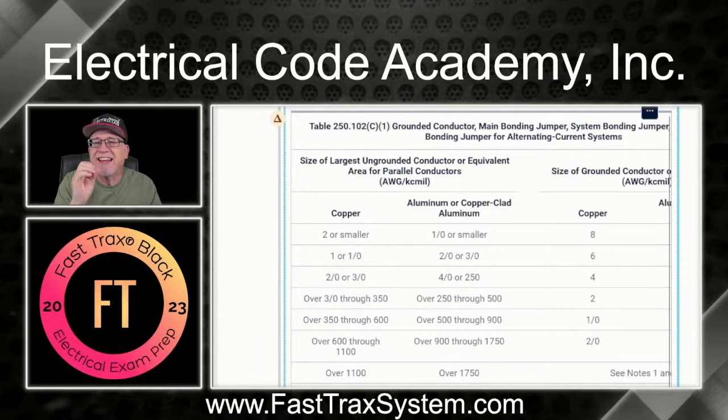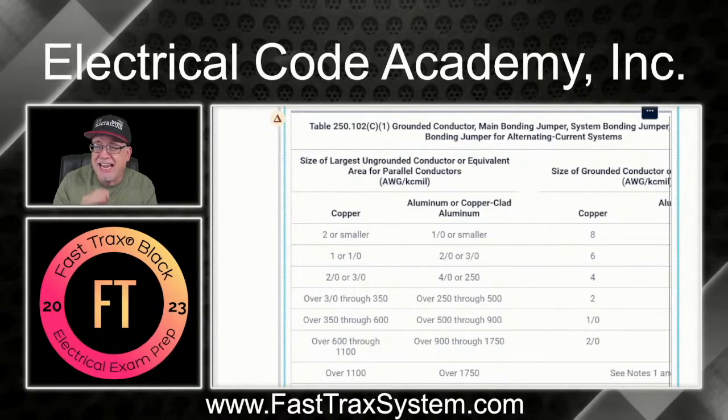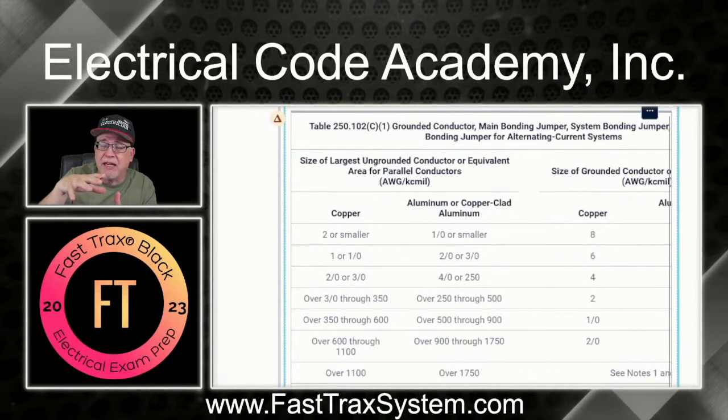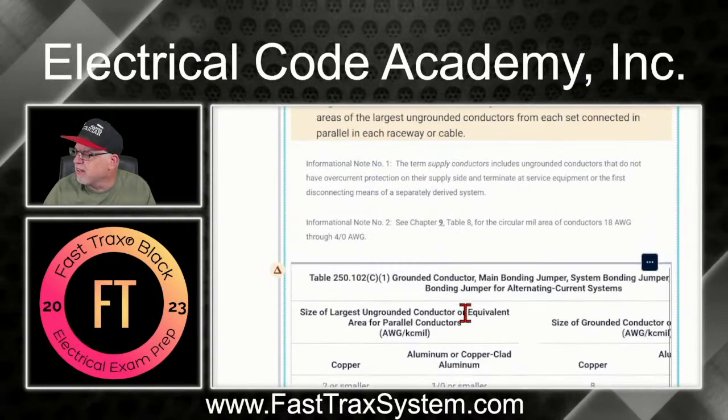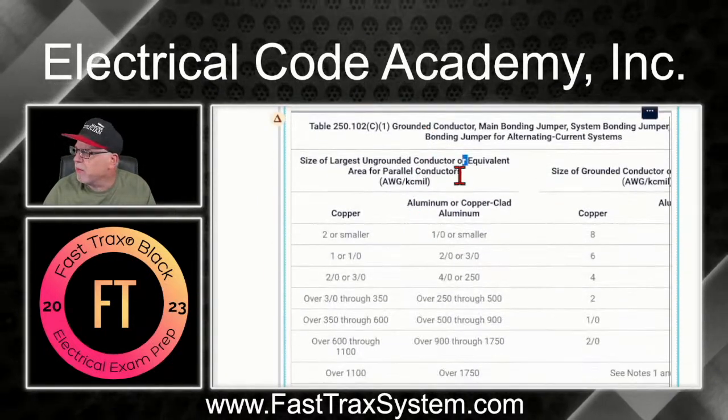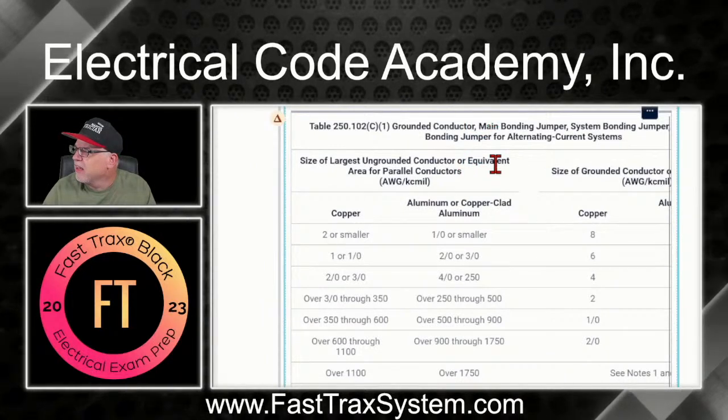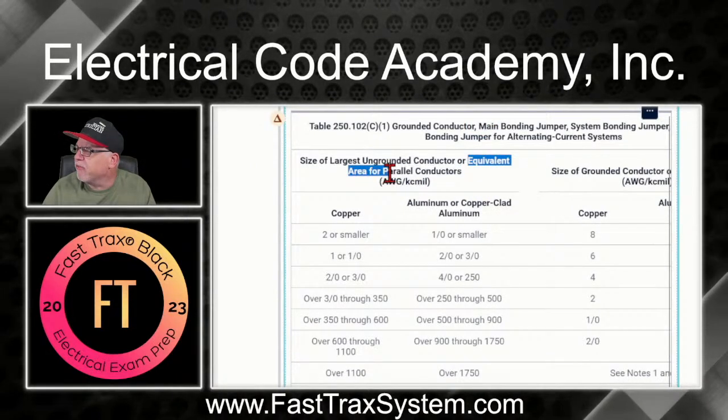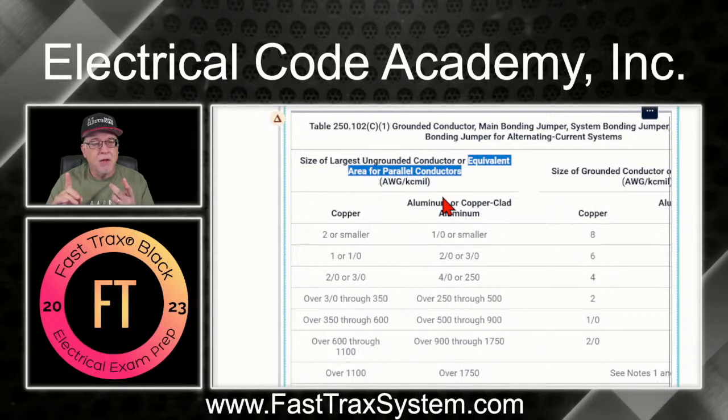So what size is the grounded conductor in that single raceway when it comes to the summation of those parallel conductors? Well, let me scroll up a little bit, and you see right here it says or equivalent area for parallel conductors. That's why we take the 350 and the 350 from phase A of the 2 sets and add them together.